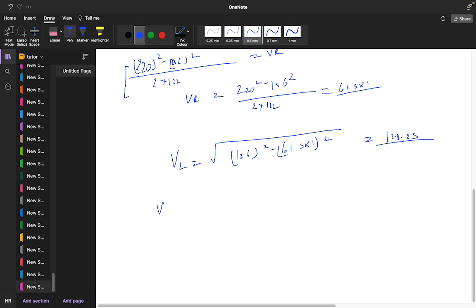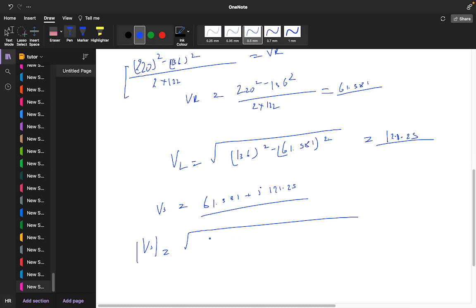Load value means V3 value you got. That is 61.581 plus J 121.25. Can you convert this into the phasor form? What is the mod value of this V3?